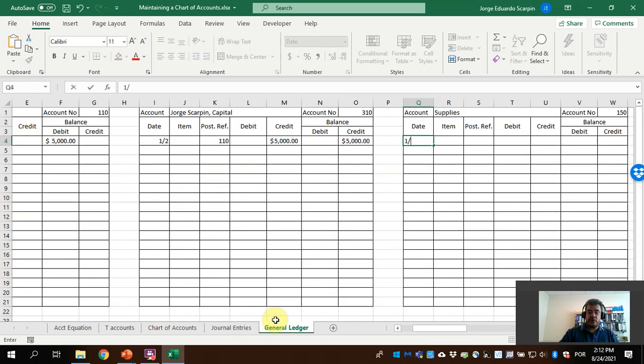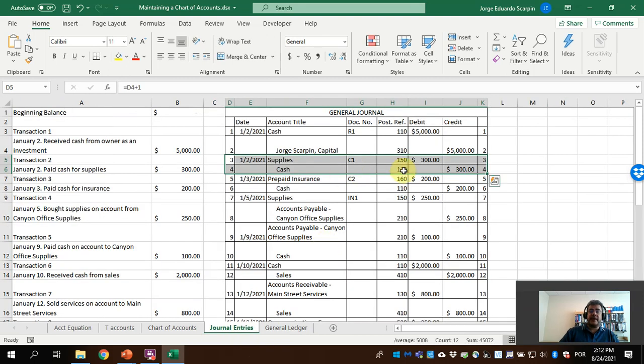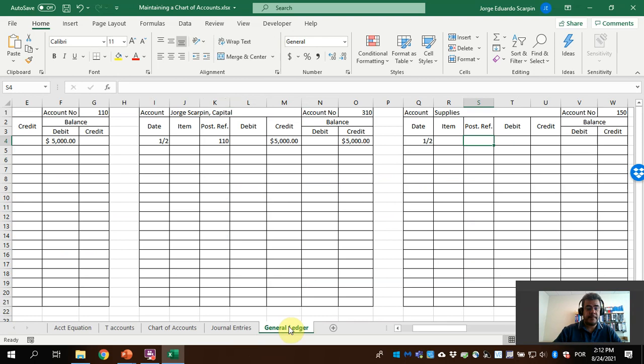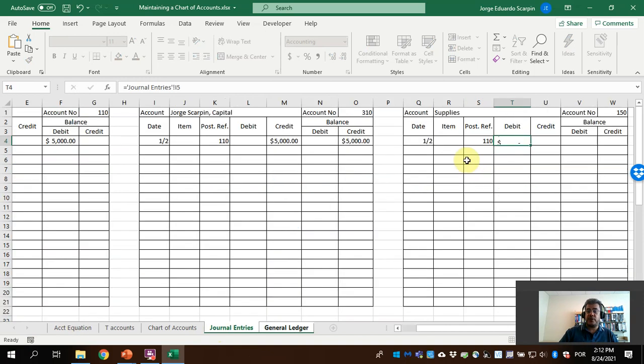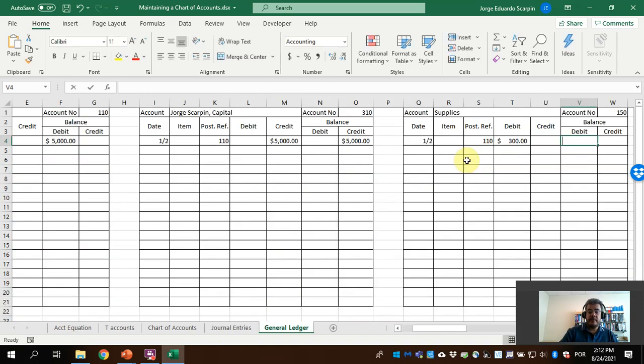Also, January 2nd, item nothing. Post-ref, what is the other account? Cash, 110. It is also a debit. Debit supplies, 300. Again, the balance is the debit.